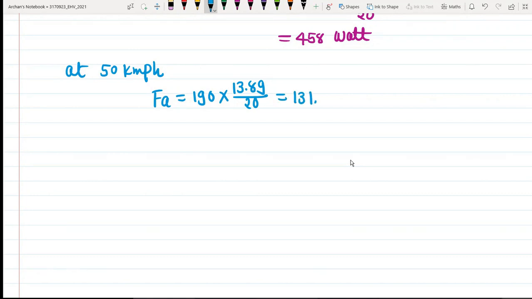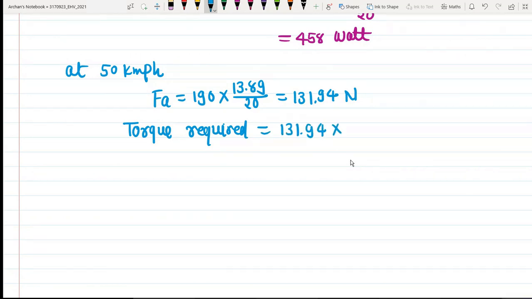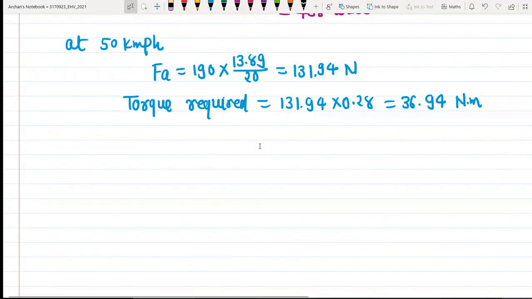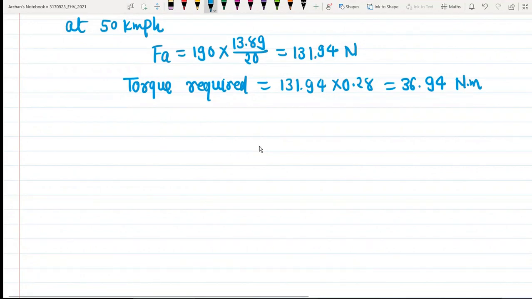So the force required will now be equal to 131.94 Newton, and for generation of that much force, the torque required is given by 131.9 into wheel radius, that is 0.28, so it will be equal to 36.94 Newton meter.